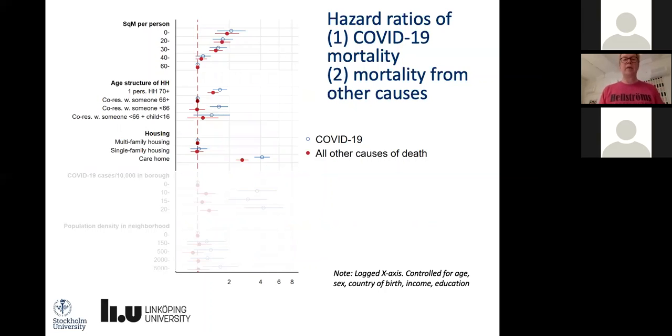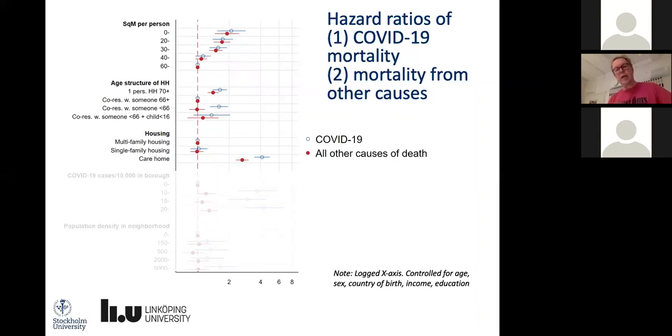So here we have, again, blue circles, which is the corona mortality setup, and red circles, which are any other causes of death, general mortality. And then we can see that crowded housing, the square meters per person, has an effect. Those who live very crowded have higher mortality, but it is not a corona effect.